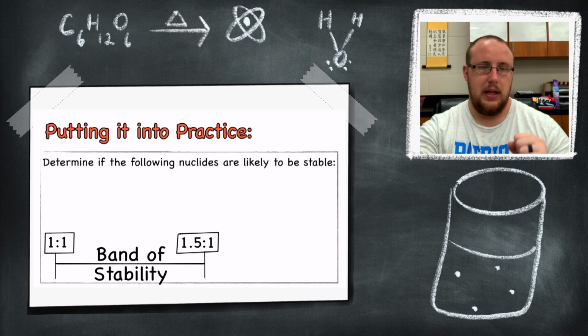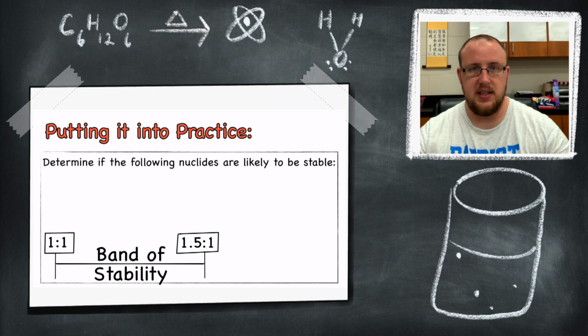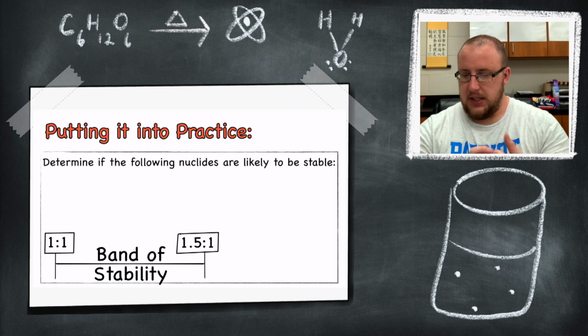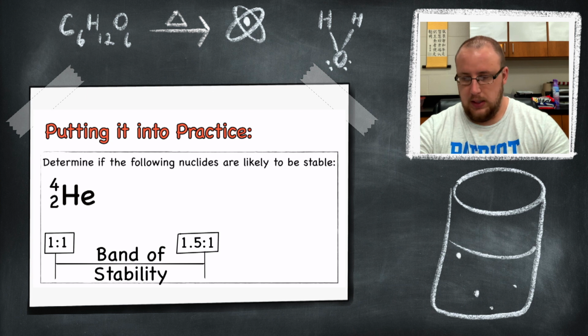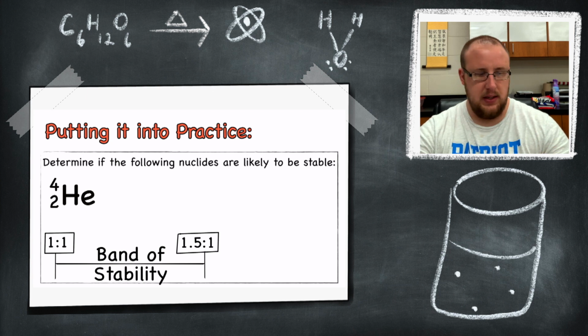So now we get to put this into practice. Determine if the following nuclide is stable or not. The first one is helium, 4,2 helium. We see that its atomic mass is 4. That means the protons plus neutrons equal the atomic mass.